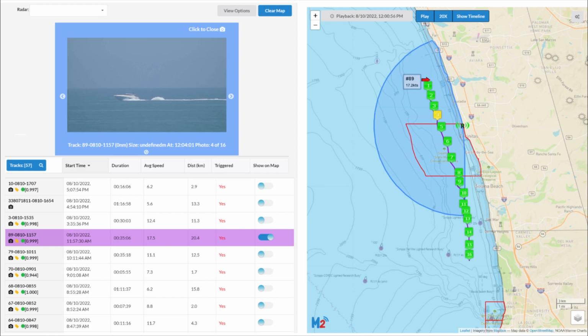Depending on how long the vessel was in the area, this can lead to a lot of images. And sometimes these images don't actually capture the vessel. In this instance, the vessel was traveling fast, around 17 knots, so it was out of the frame just before M2 captured the image.